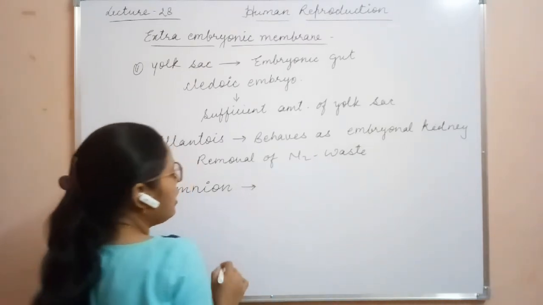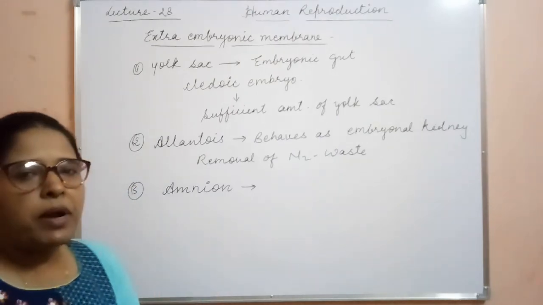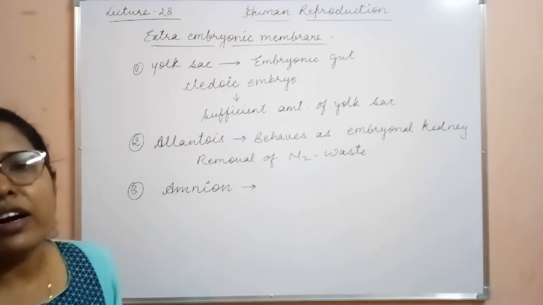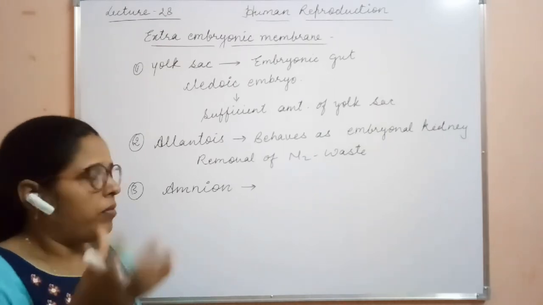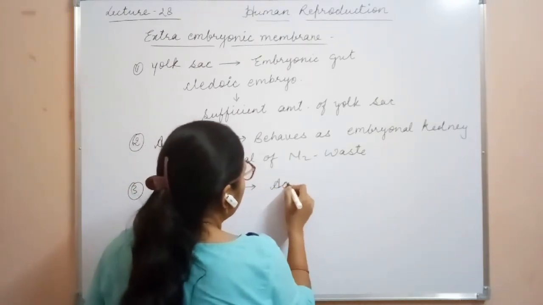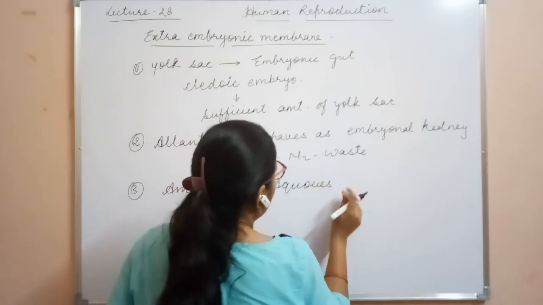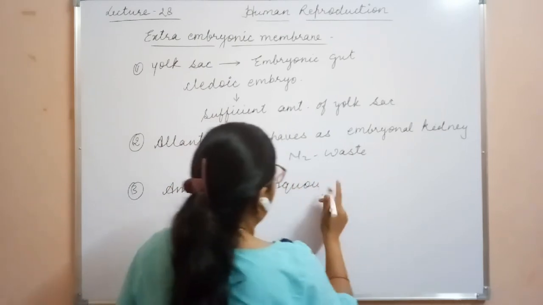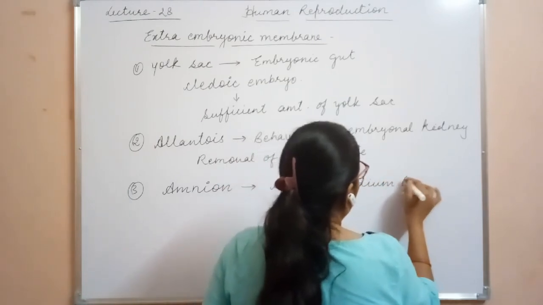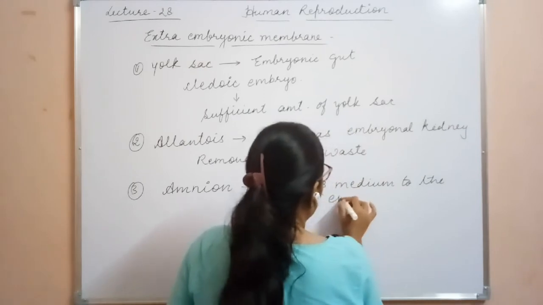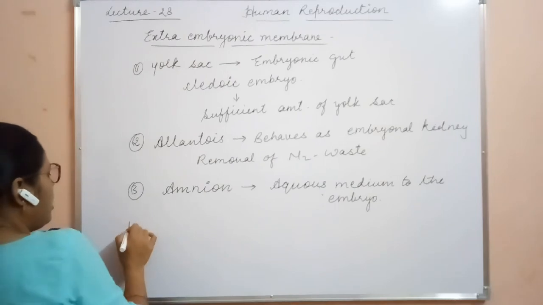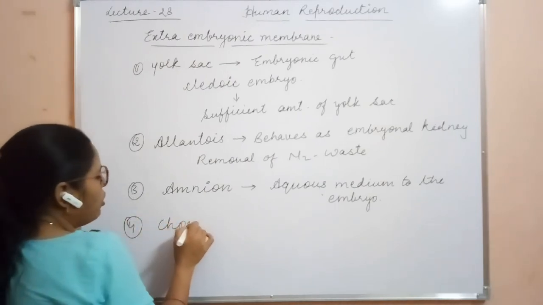The fetal cells which are present in the amniotic fluid are very helpful in the diagnosis of defective conditions in the embryo, and this will provide aqueous medium to the embryo. Clear? So this is the amniotic membrane. The fourth one is chorion.